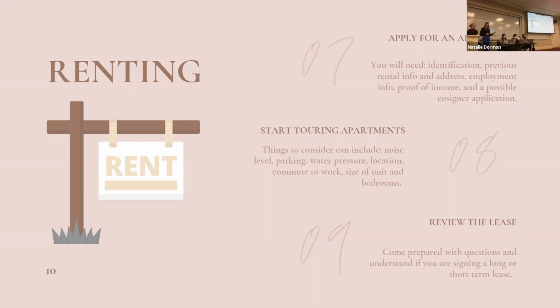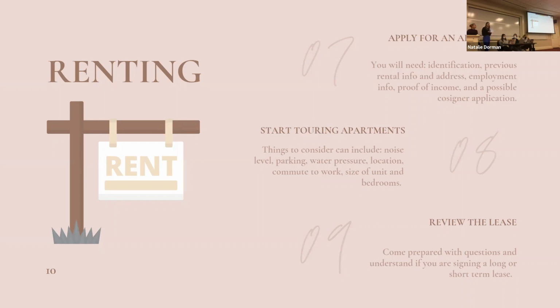And so then you'll want to apply for the apartment. They all have official applications, and you'll fill out your ID, any previous rental information, employment information, proof of your income, and if you need a possible co-signer, their information will be included on that too. You can start touring the apartments, because normally you apply to a building and they'll give you a bunch of different options within the building.